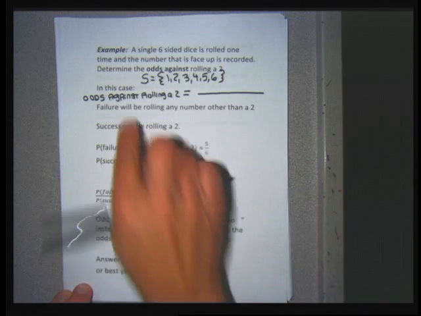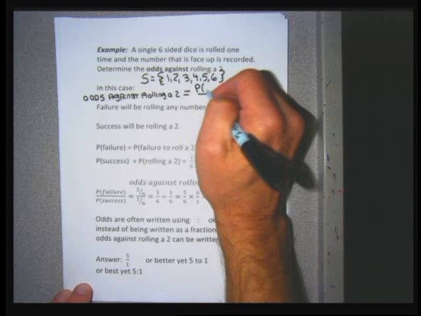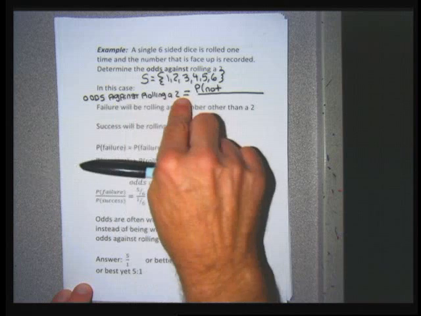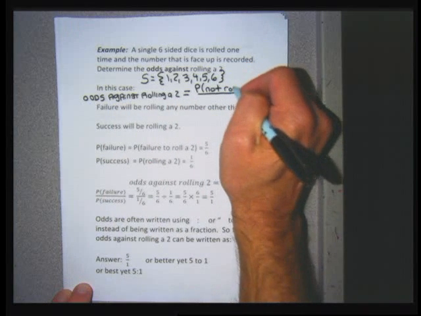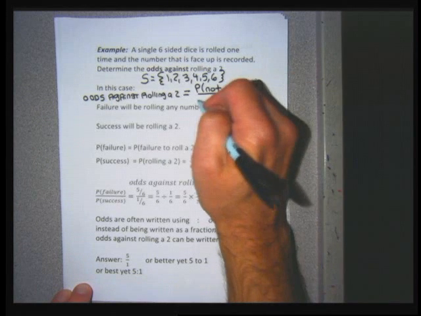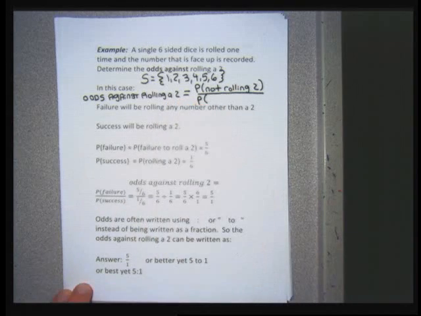In the numerator, since it's against, I'm going to put the probability of not rolling a 2, because that's against and I want the event not happening. And then the denominator is going to be the probability of actually the event happening, in this case rolling a 2.